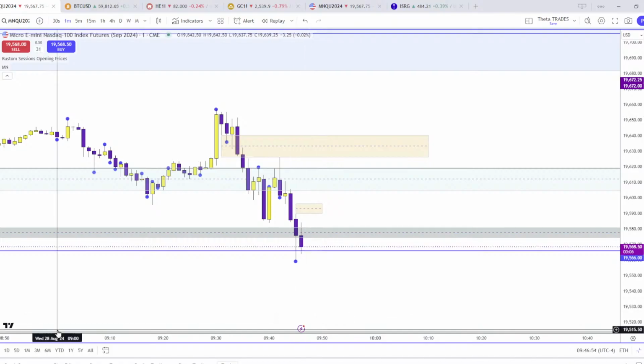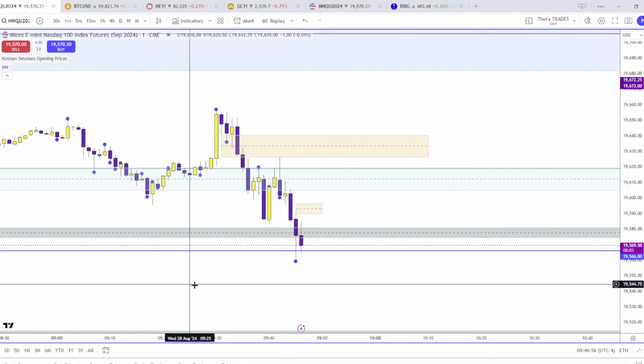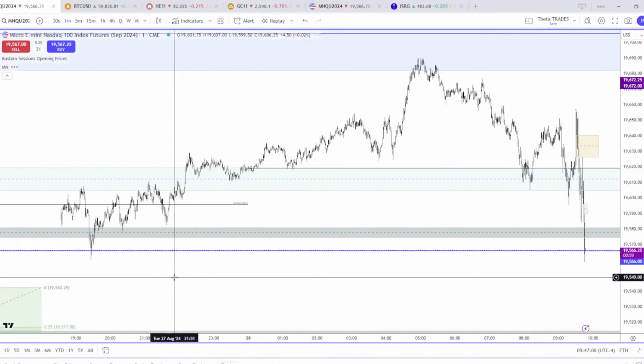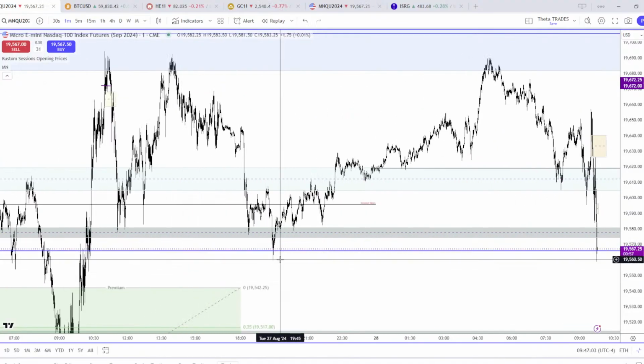We're just taking out the 1 hour low below us. There's a little one right here. We just took that out.